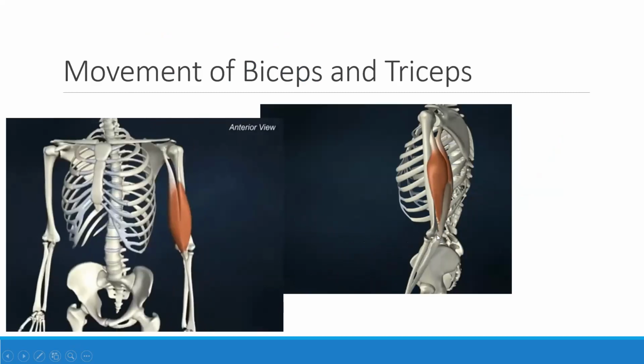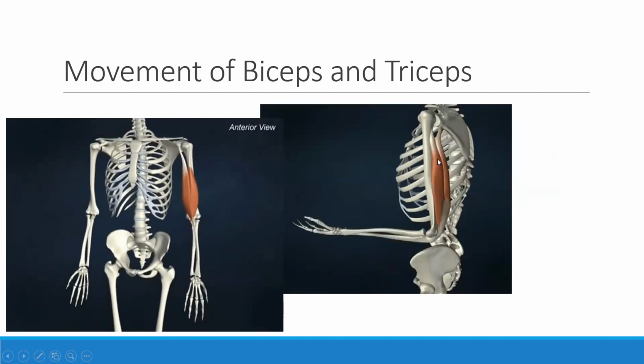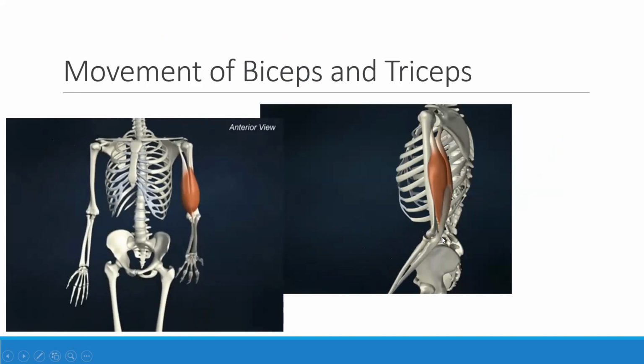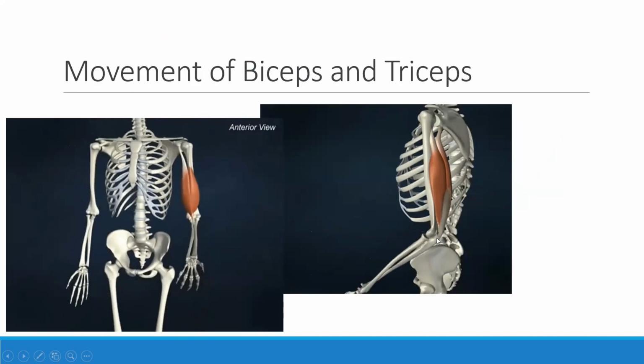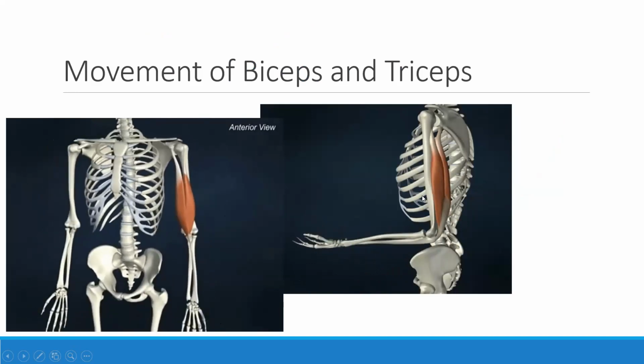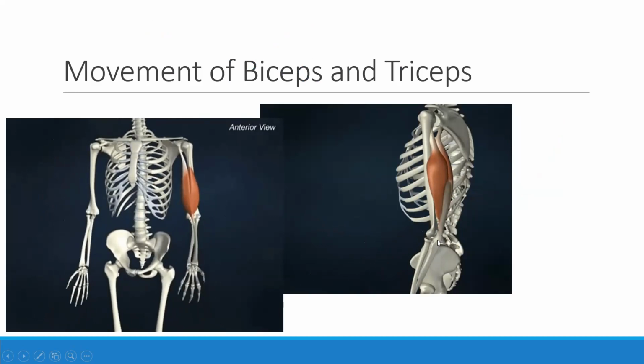On this arm, we can see the triceps brachii with three heads and its insertion on the olecranon process there. So we flex our arm upward this way by pulling on the radial tuberosity. We straighten it out by pulling on the olecranon process. They are antagonistic.